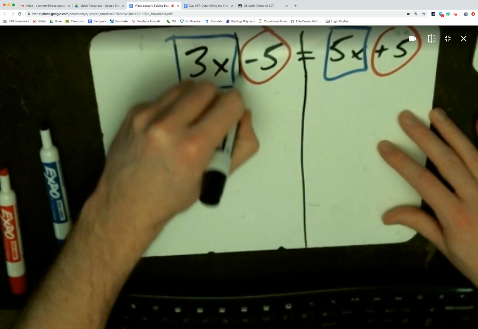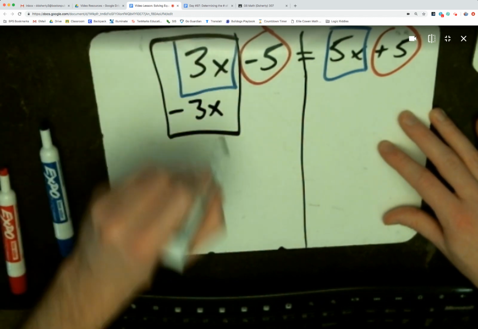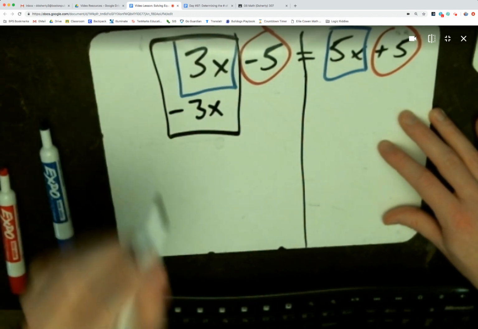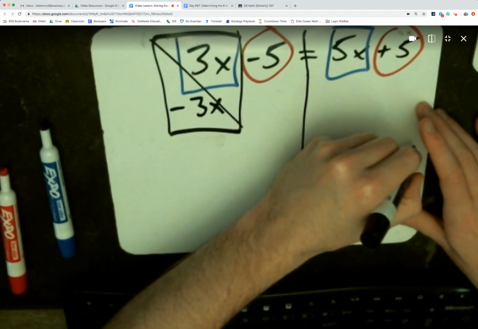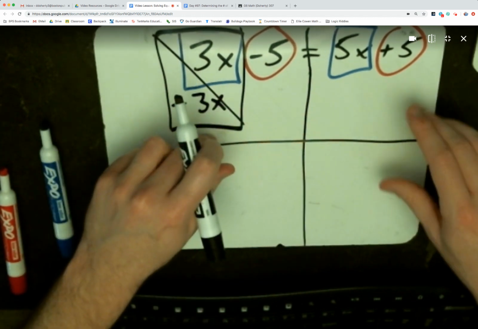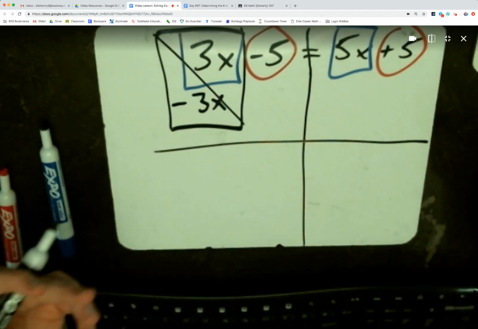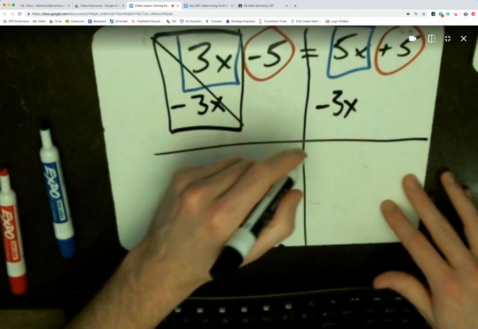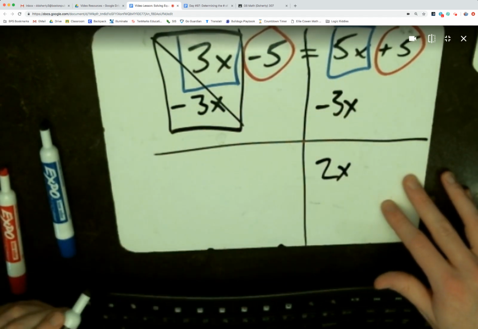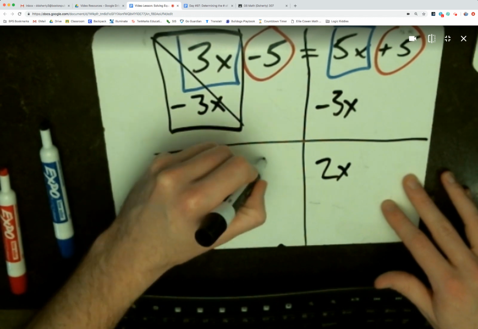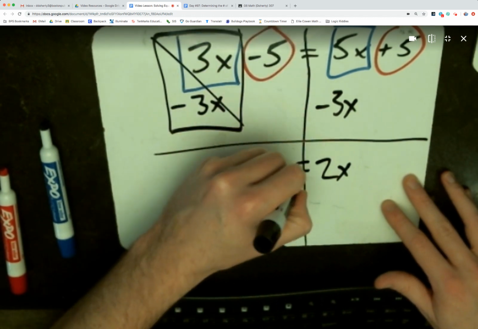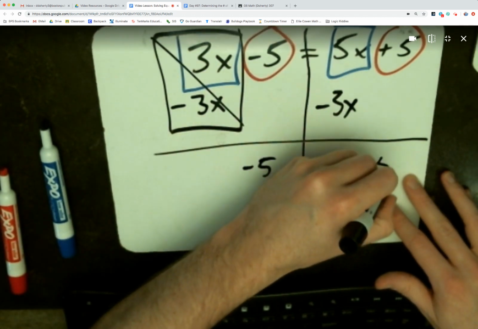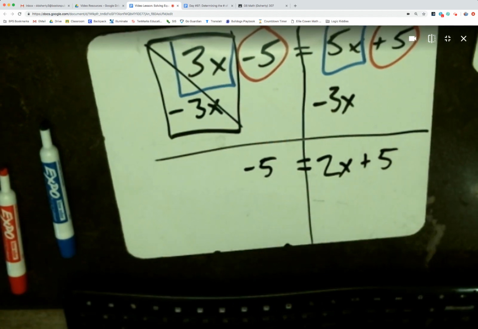The way I'm going to eliminate positive 3x is with a negative 3x. That's that inverse operation we talk about. Anything I do to one side of my equation, I'm required to do to the other side. Otherwise, I would have broken the equation. So 5x minus 3x over here gives us 2x. Negative 5 on the left side is going to come down. The equal sign comes down. Positive 5, that constant, we haven't done anything with that yet, so it comes down.